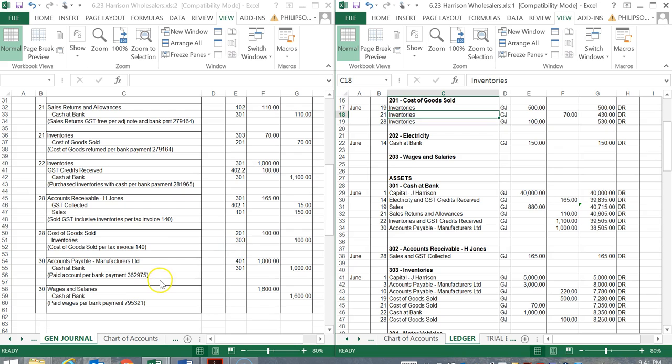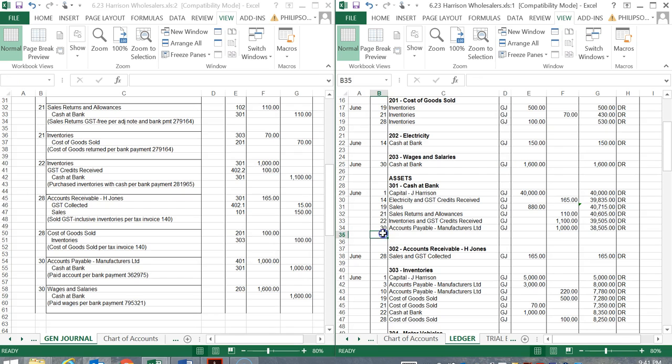Awesome. Okay, last one. Wages and salaries. We haven't used the wages and salaries account until now. Okay, so our journal entry says $1,600 debit to the wages account. $1,600 debit. And our particulars are cash at bank. Folio.